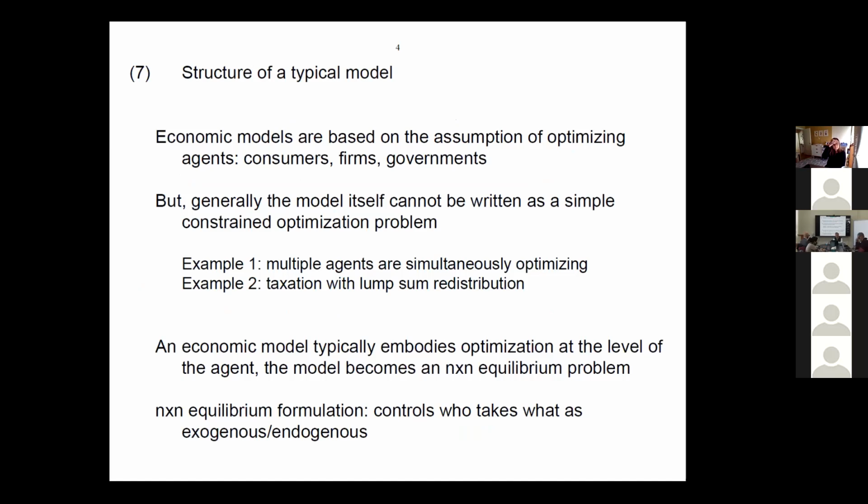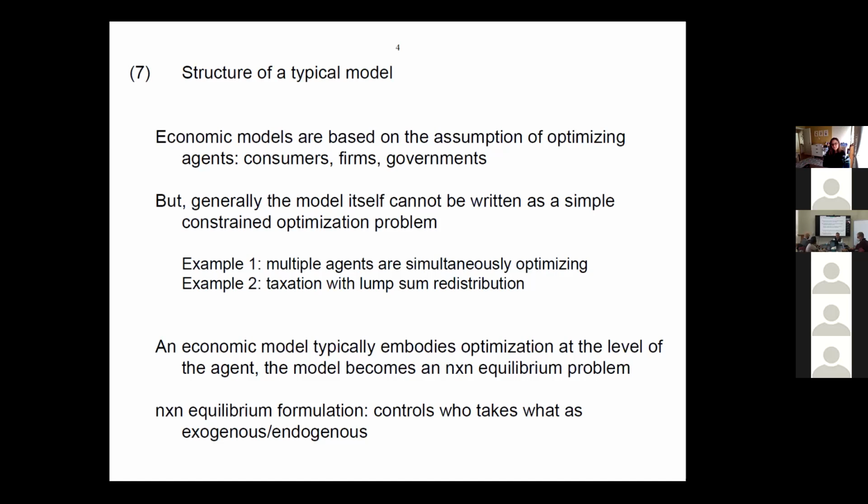Okay, so structure of a typical model, a theory model, usually based on the assumption of optimizing agents, so consumers, firms, and governments. But the problem is generally the model cannot be written as a simple constrained optimization problem just maximizing or minimizing one variable.